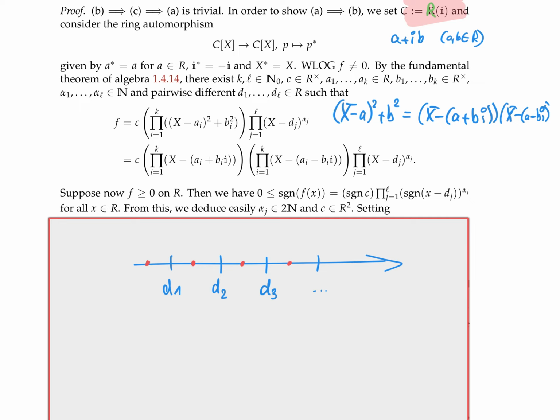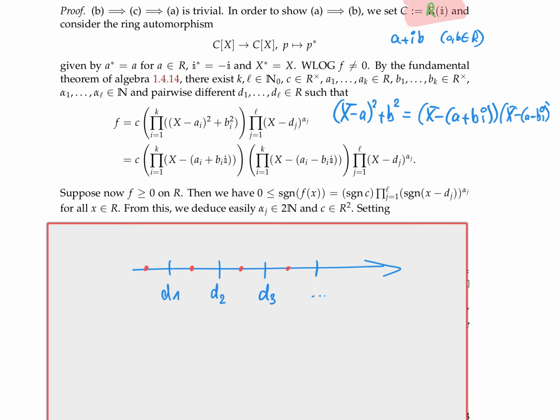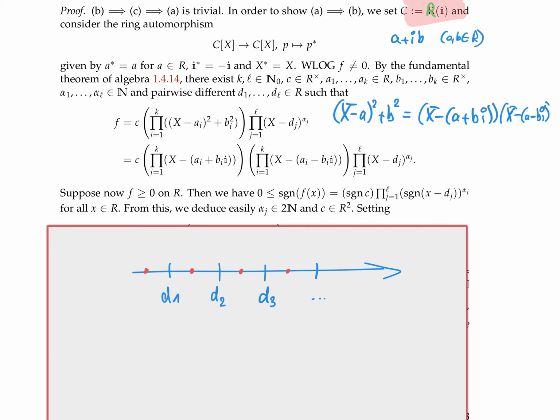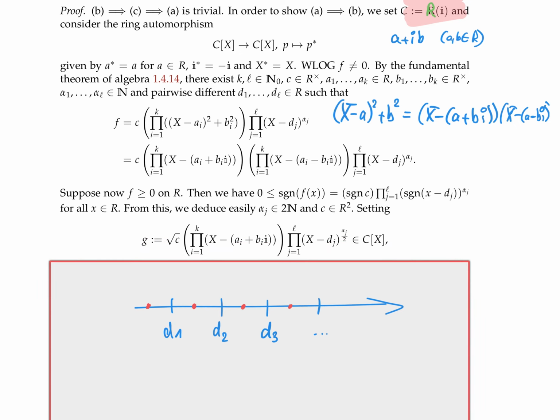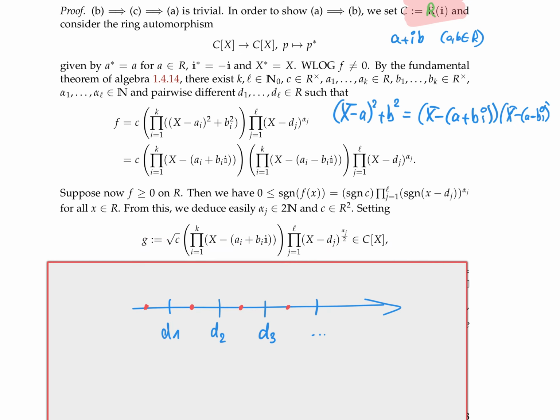Okay, so every alpha j is an even number, and of course C must also be positive, so it must be a square in R. And so I define now G to be the square root of C, and when I take just one of these parts, let's say this one, with alpha j half.